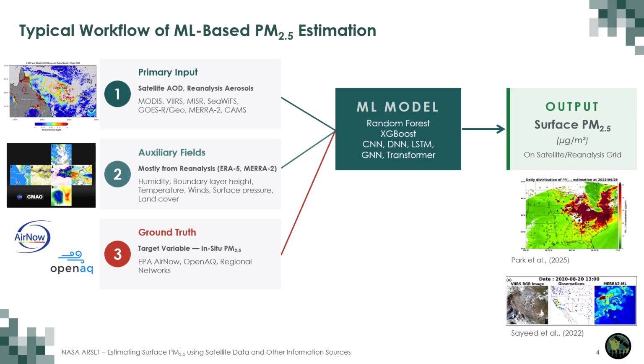These fields help the model understand meteorological context. Finally, we use ground-based PM2.5 observations from networks like AirNow and the OpenAQ platform as target variables. All of these inputs feed into machine learning models such as random forest, XGBoost, and deep learning to produce surface PM2.5 estimates.